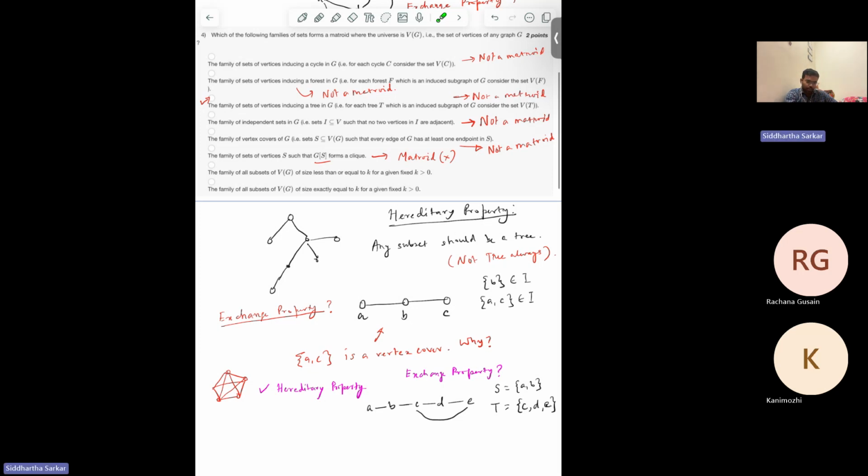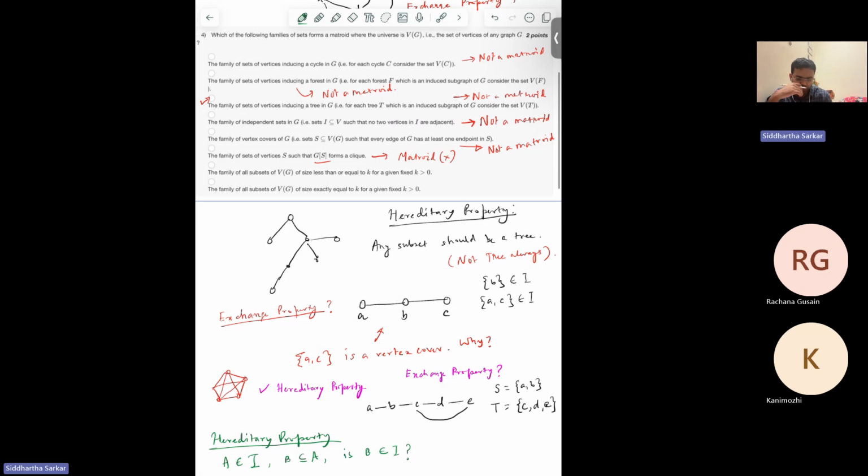So what is the hereditary property? In this case, we just want to check whether given a set A and B, which is a subset of A, is B also an independent set. What is an independent set here?